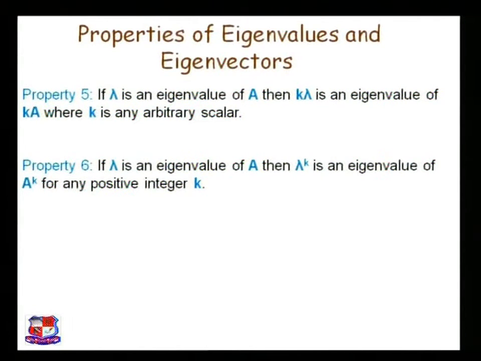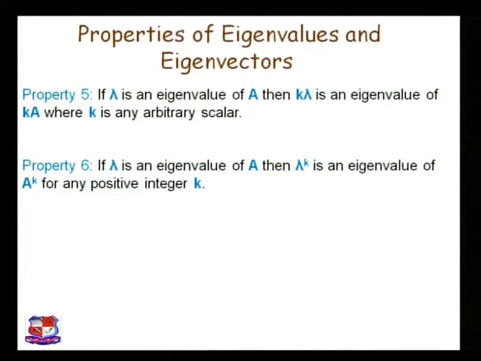The sixth one: if lambda is an eigenvalue of A, then lambda raised to k is an eigenvalue of the matrix A raised to k for any positive integer k.